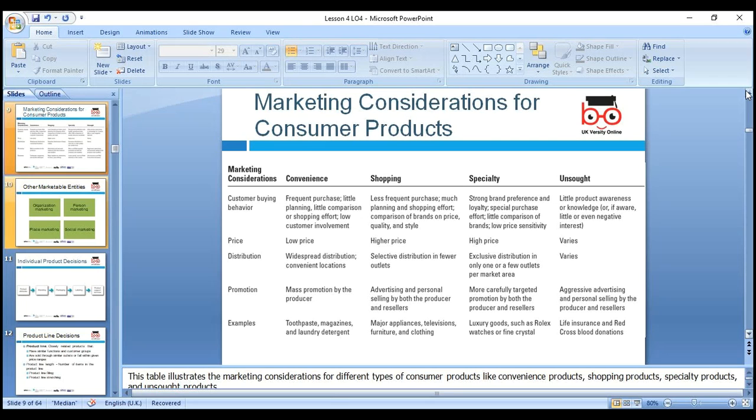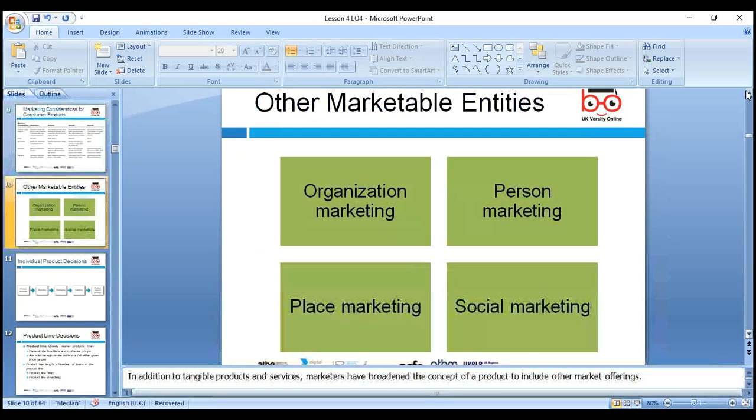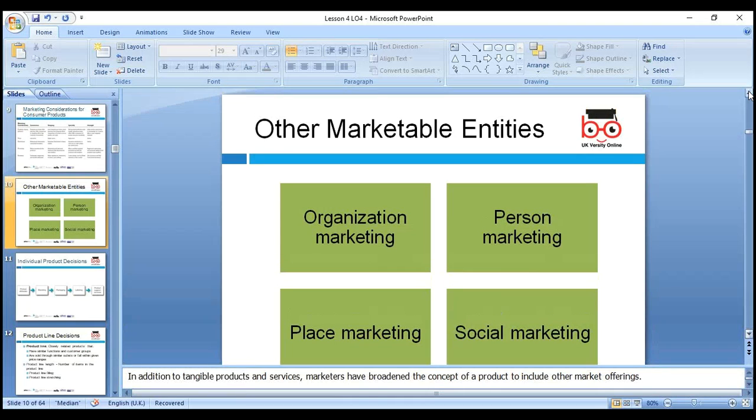Unsought products include life insurance, Red Cross, and blood donation. So these are the different sorts of products and services which a company offers. Make sure we have a good understanding of them, and we use the marketing mix.